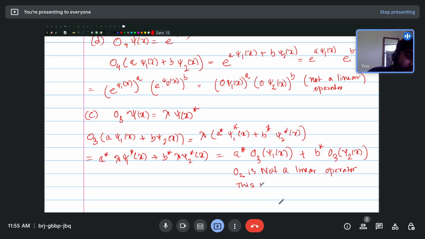So O3 is not a linear operator, but this kind of operator has a special name: antilinear operator.